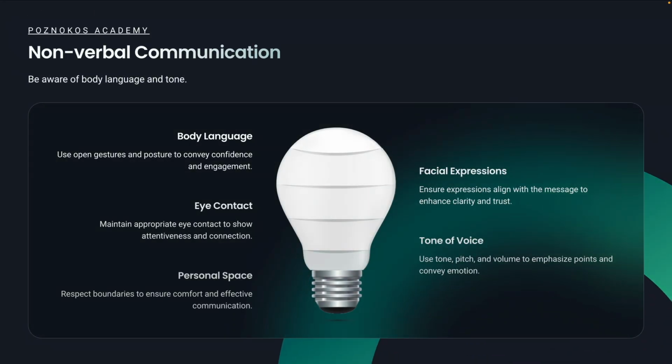Next one, it's non-verbal communication. Body language. Use open gestures and posture to convey confidence and engagement. For sure. Eye contact. Maintain appropriate eye contact to show attentiveness and connection.